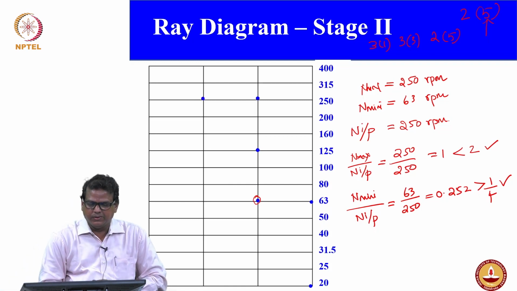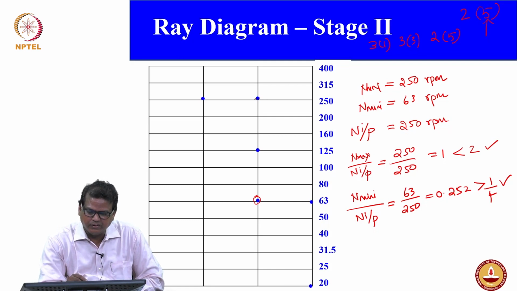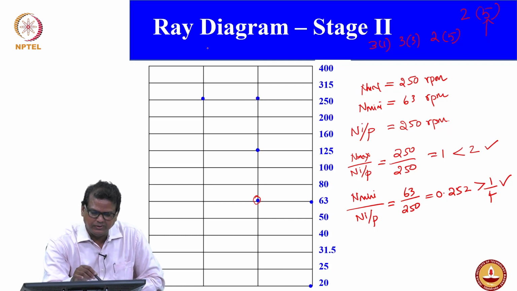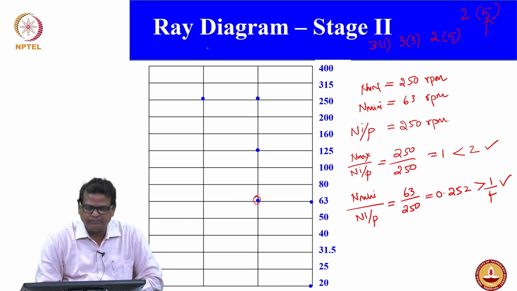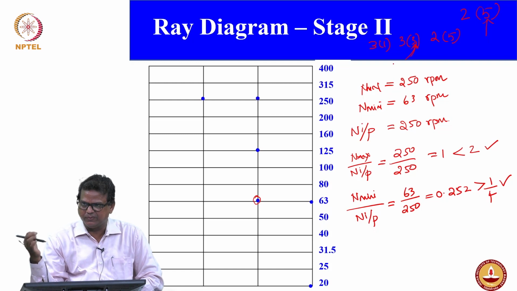Now you have 3 output speeds, but you need to have how many input speeds of stage 2? Look at the formula: 3 input speeds, and each input speed will give me 3 output speeds.